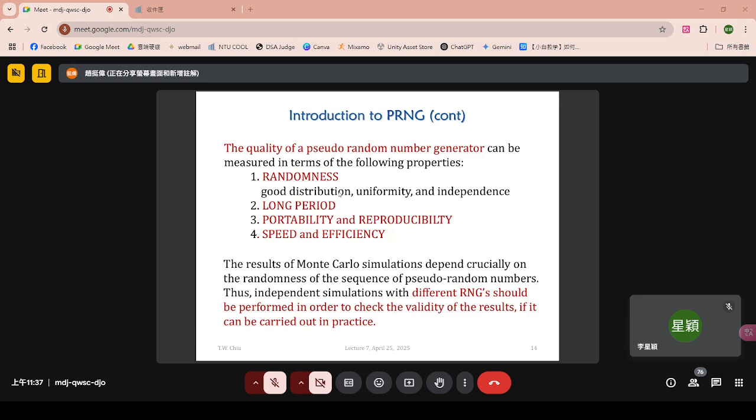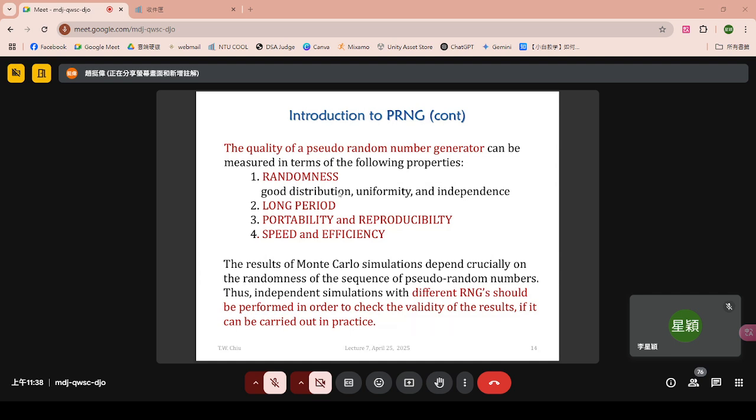The reason why the pseudo random generator is important is because the result of the Monte Carlo simulation depends crucially on the randomness of the sequence. You should always double check with independent simulations using different sequences of the random generator, just to check the validity of the result.